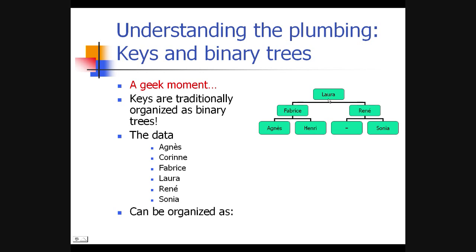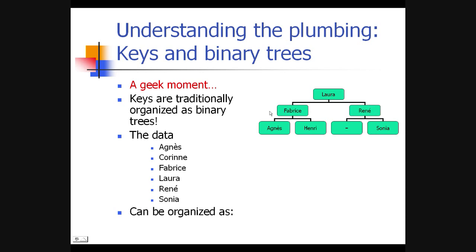The rule is if the alphabetical order of the second one is less than the first one, then it goes on the left side of the tree. If it's equal or greater, that's the difference between a key with duplicates or a unique key, so it goes on the right side.